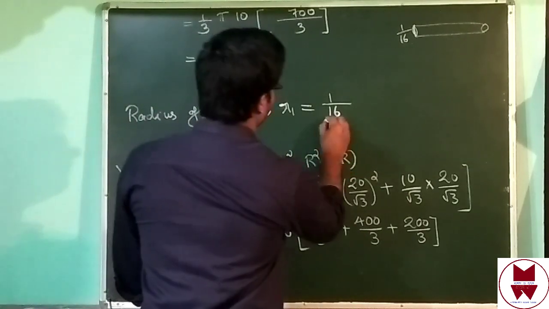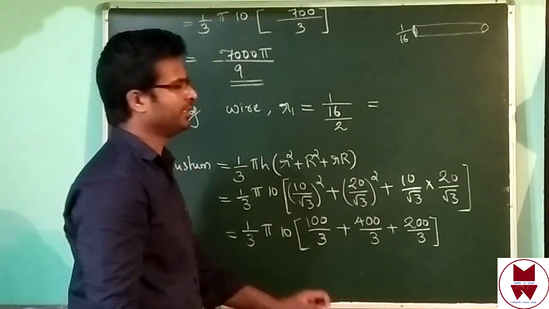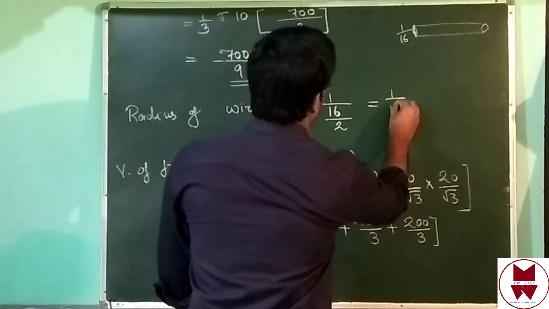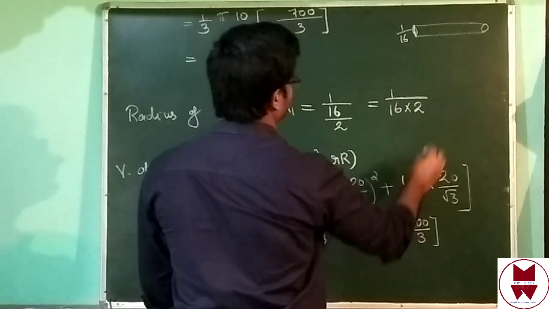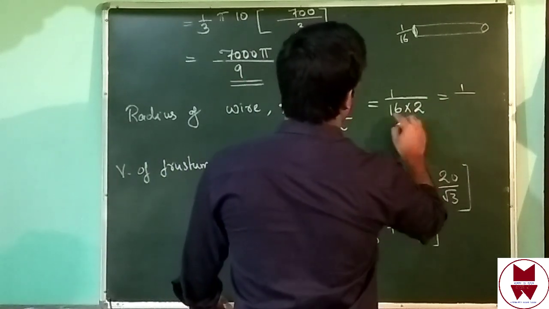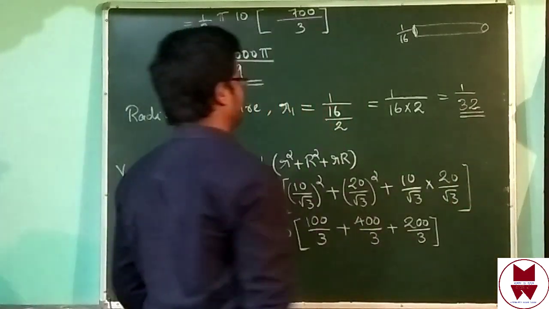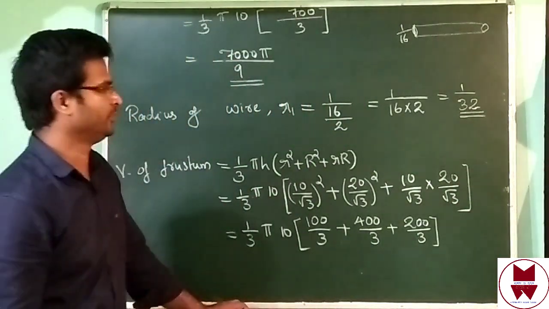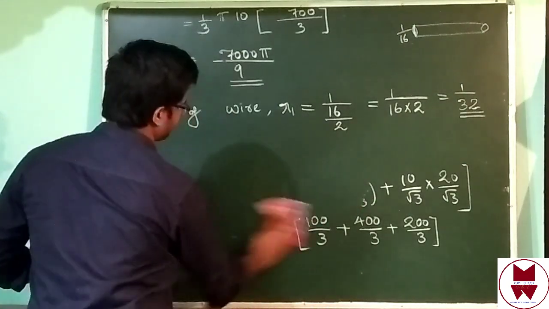Then radius means divide by 2. 1 by 16 all divide by 2, we can write into 2, equal to 1 by 16 into 2, 32. We will get 1 by 32. That is the radius of wire.